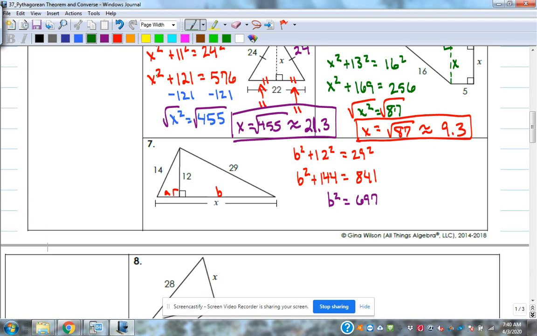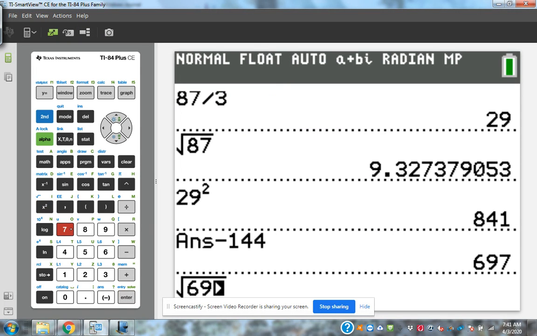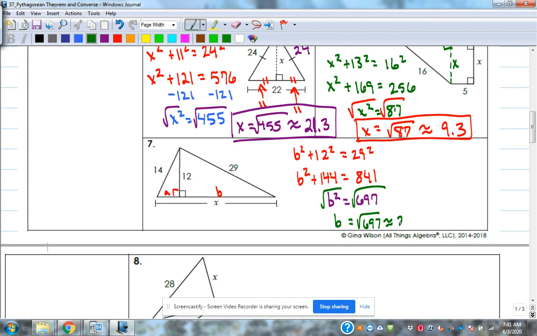And take the square root. Decimal approximation for the square root of 697 is 26.4. There is one of our pieces.